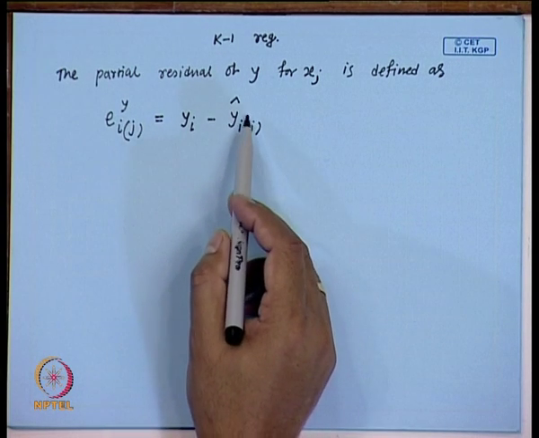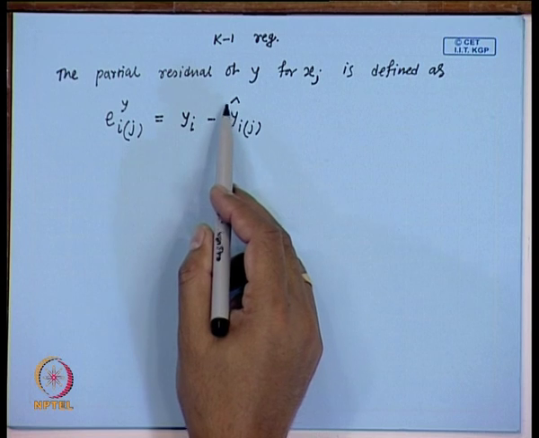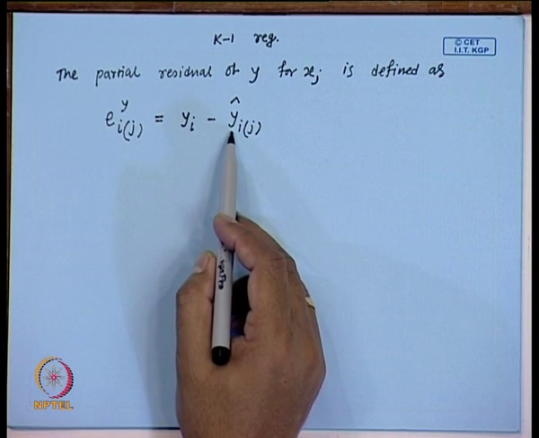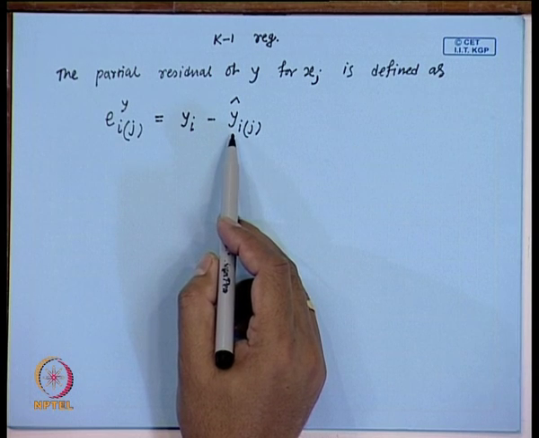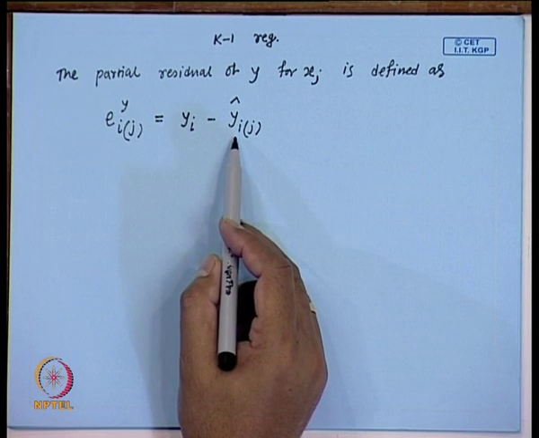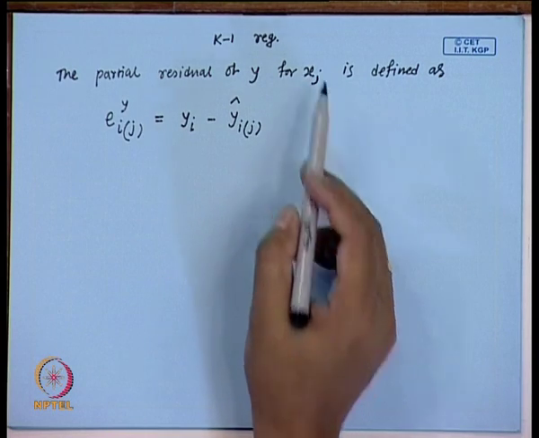So, this is the fitted value when the response variable is regressed on all the regressors except xj.